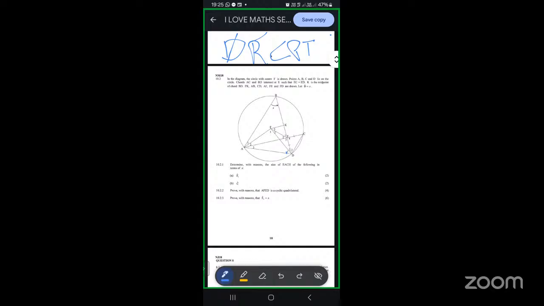Let's go for C. Is there a cyclic quad on this circle? No, sir.